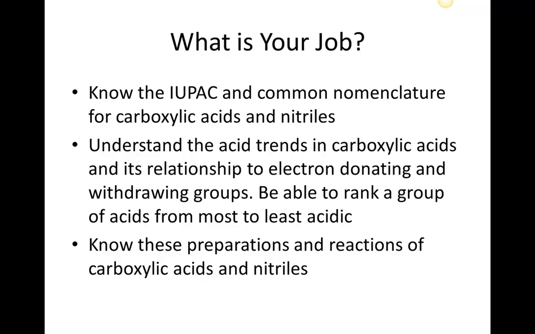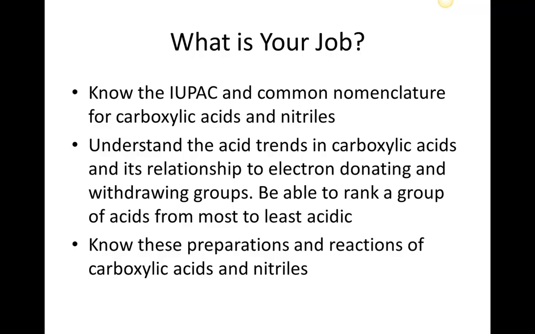So what is your job? For this chapter, you need to know both IUPAC and common nomenclature, and we've talked about both carboxylic acids and nitriles, and there were a lot of common names for carboxylic acids. Some of them have only one carboxylic acid functional group, but there are also some common names for some molecules that contain 2 carboxylic acid functional groups.